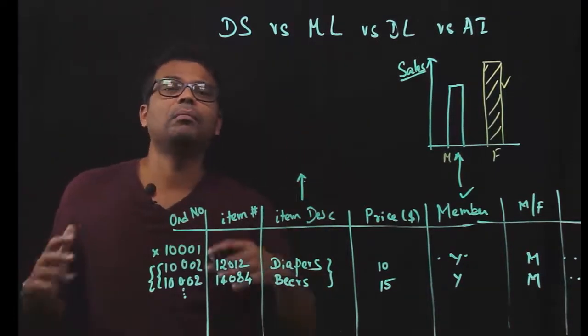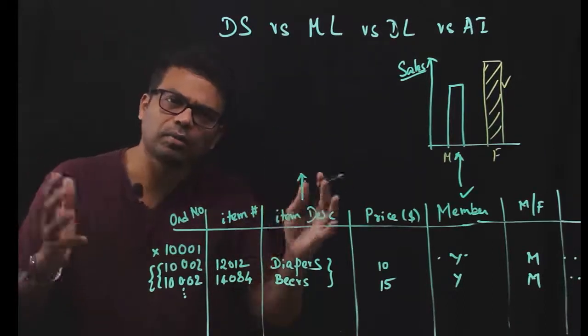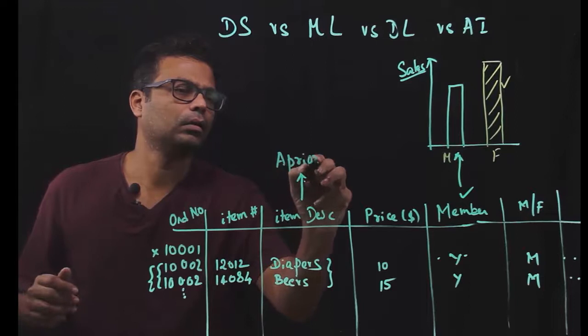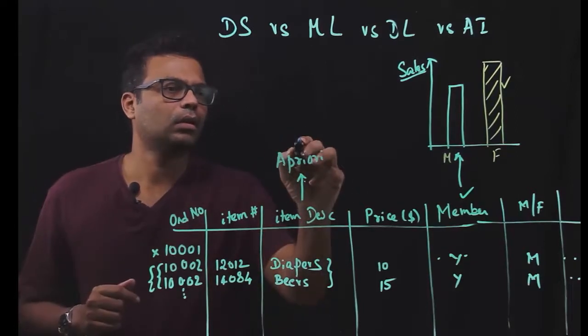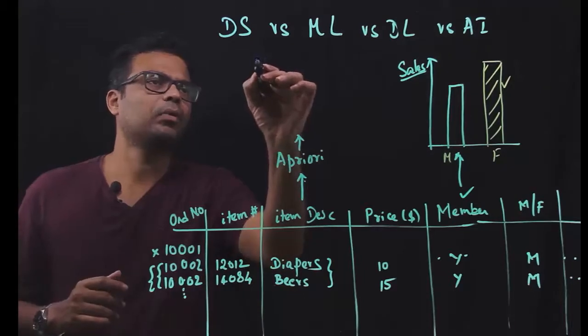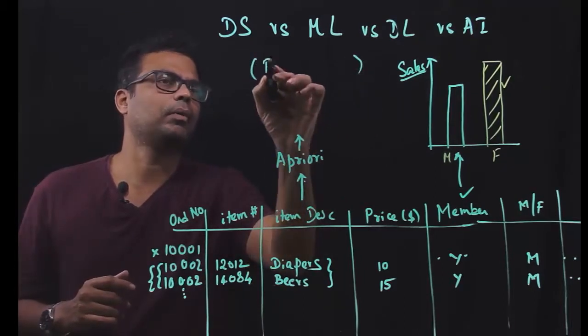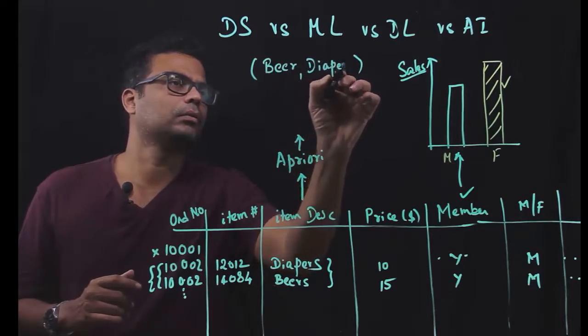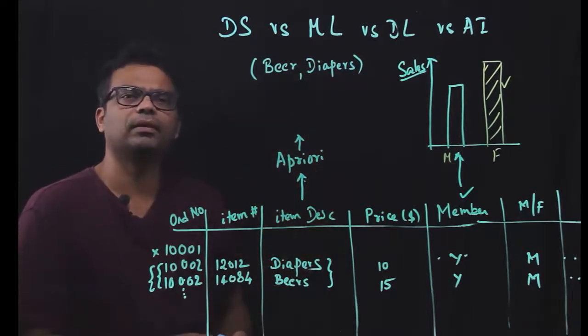Well, there is a machine learning algorithm, well, a couple of them, called apriori. This algorithm can identify pairs of products that sell together. For example, beer, diapers.